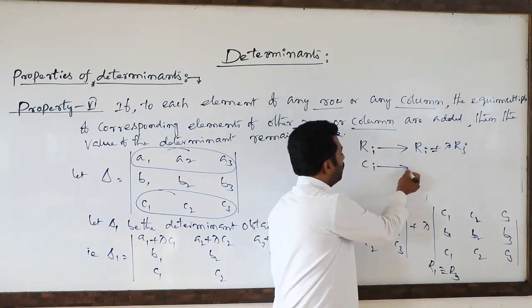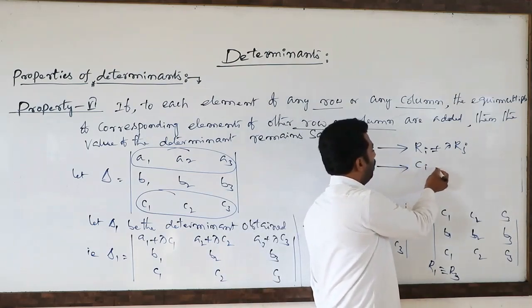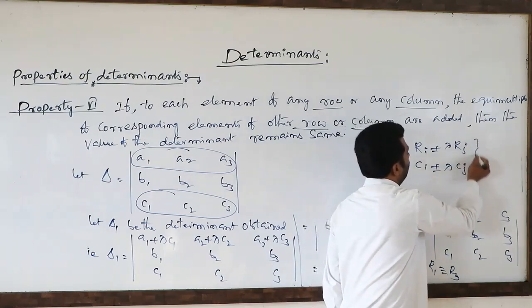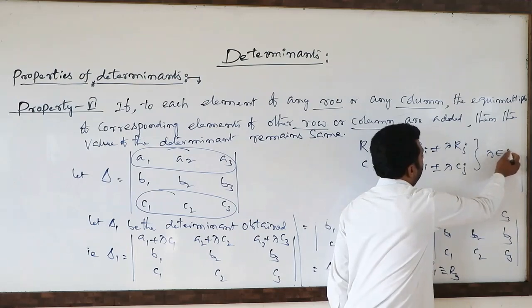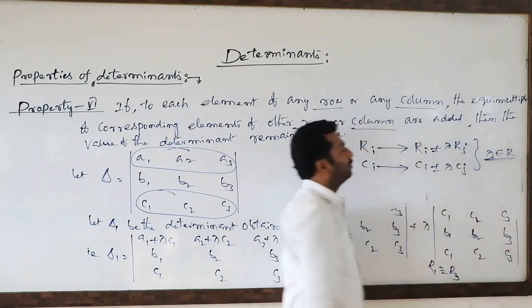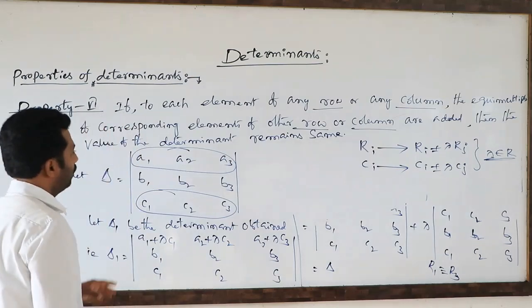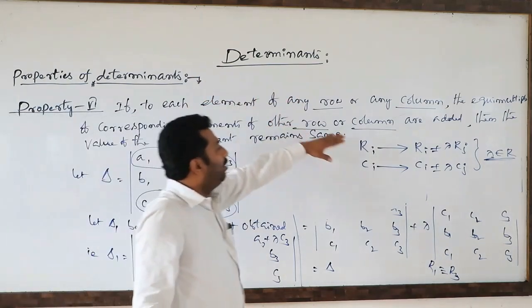If you want to change Ci, that is Ci plus or minus lambda times Cj. In both cases lambda is a real number, a constant, so you can apply any operations like this.